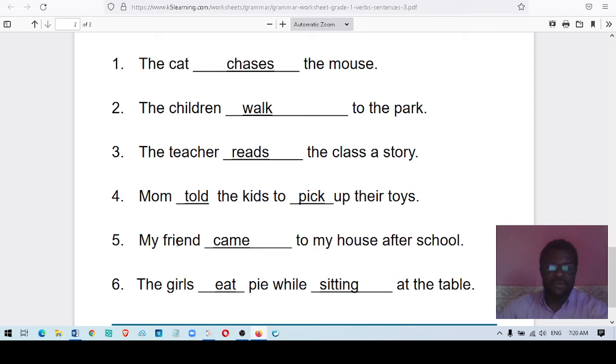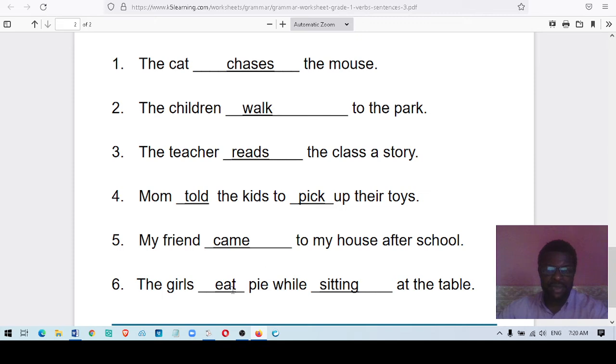So here we've got my friend came to my house after school. My friend, again, is one friend. Came is a verb in the V2, because we're talking about simple past tense, which is different from this one, which is simple present tense. The girls eat pie while sitting at the table.